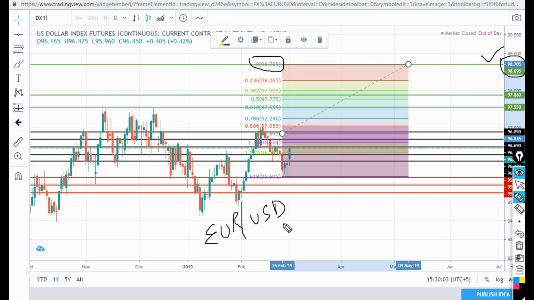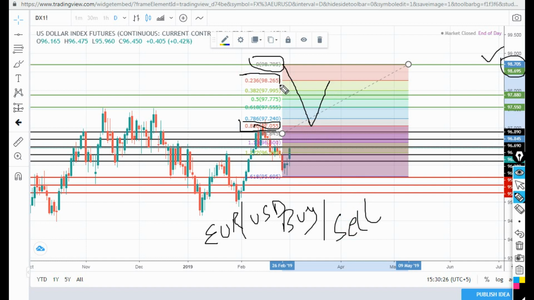Then, when you want to take a buy on EURUSD, you need this A wave to come back to this number. This is your buy, right? And after that you need to sell again, that is your B wave back up to this number.